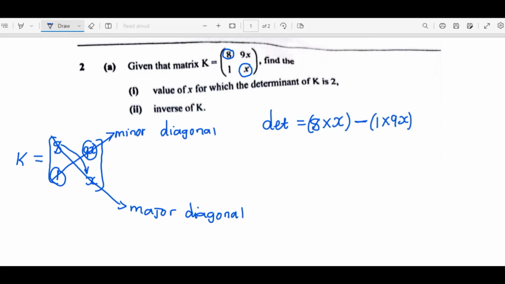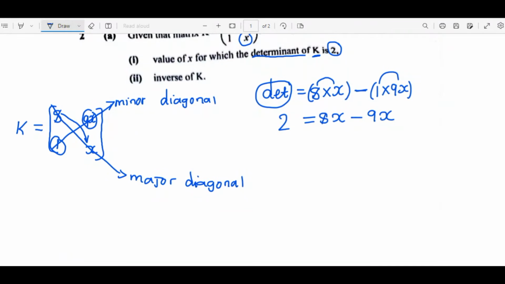Now if you look at this question, we are given the determinant. So determinant of K is 2. So where there is determinant, we are going to put 2. So we just have to do some calculations. We'll say 8 times x is 8x, minus 1 times 9x is still 9x. Then here we can just do some math.